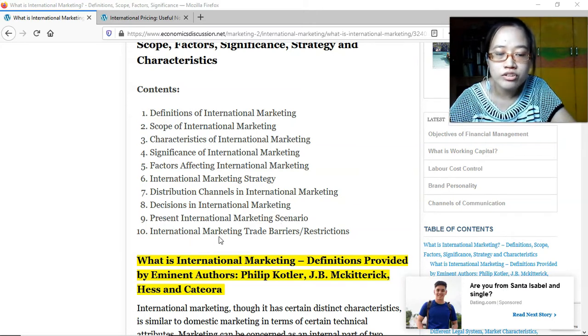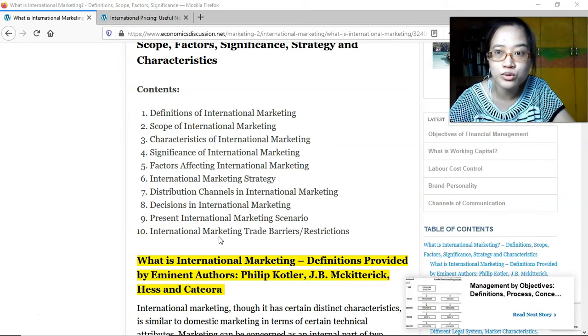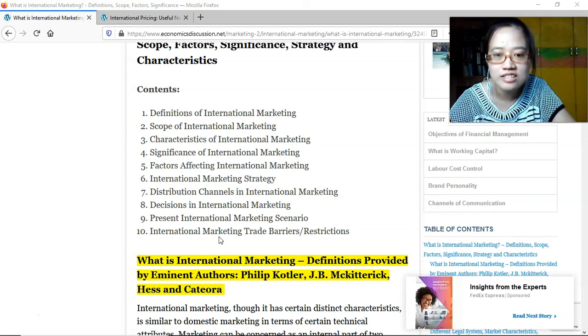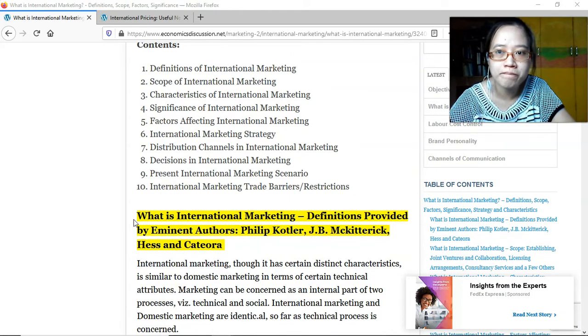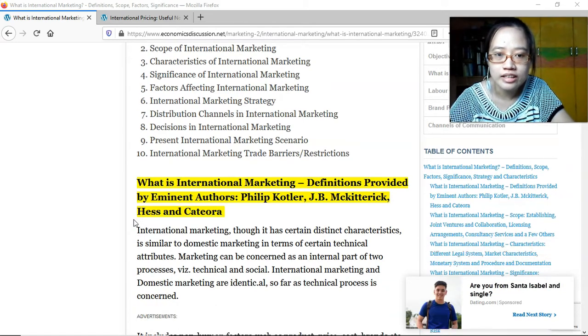And lastly, we have international marketing trade barriers or restrictions. Why is it difficult to conduct business in other countries? Normally, this is for large companies, right? Or for goods or services that can be delivered online, so they can also reach the international market.